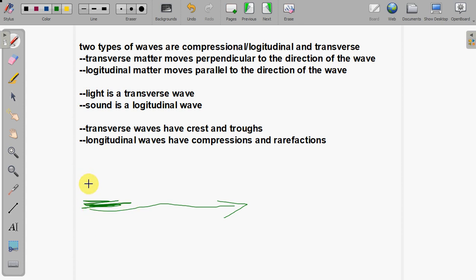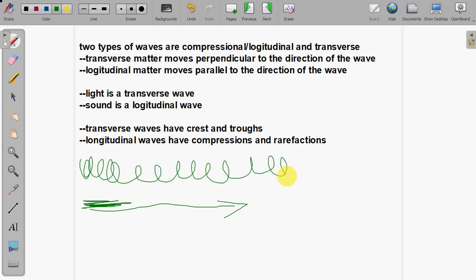And so if you think about a slinky, if you took a slinky and you stretched it out, then you would see it kind of like this, right? And that's a stretched out slinky. If you compress the slinky, it might look something like this. So we have a compression, and then we have a stretched out part we're going to call a rarefaction.